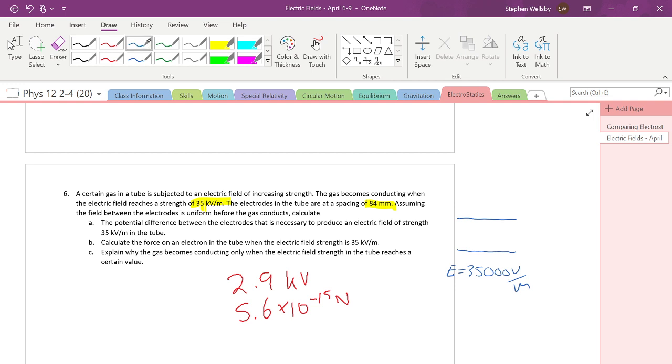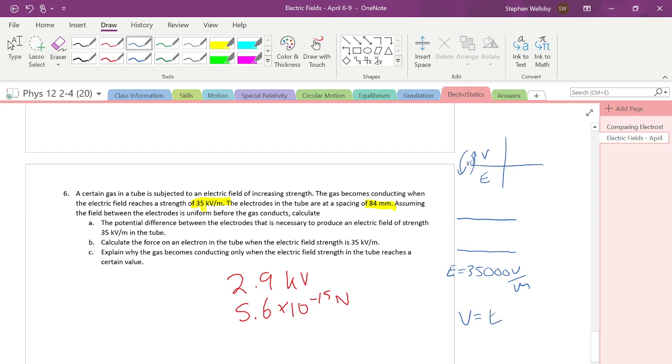So if we go back to our square, we're going from potential to fields, and we're trying to solve the potential difference. So what we're trying to find is V. To go from V to E, we need to divide by distance, or multiply by distance.